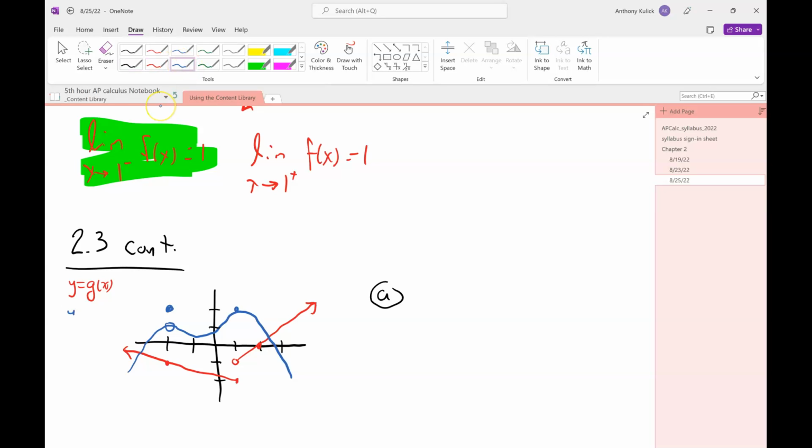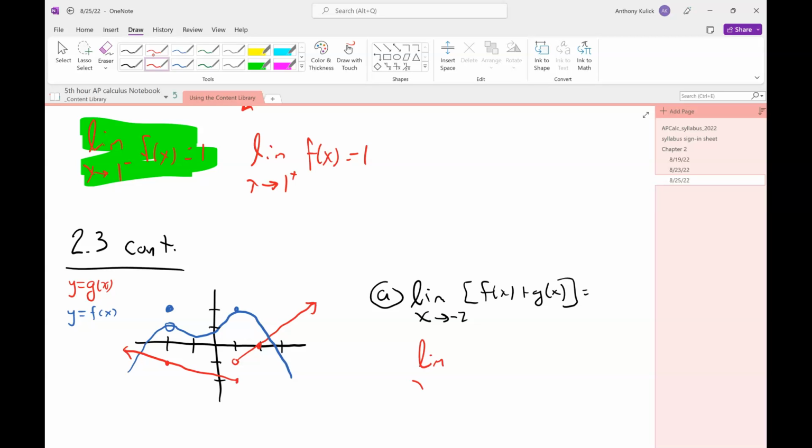And this is going to be f of x. Okay, so let's say you're given the graph that I just provided, and we're asked to find the limit as x approaches -2 of f of x plus g of x.